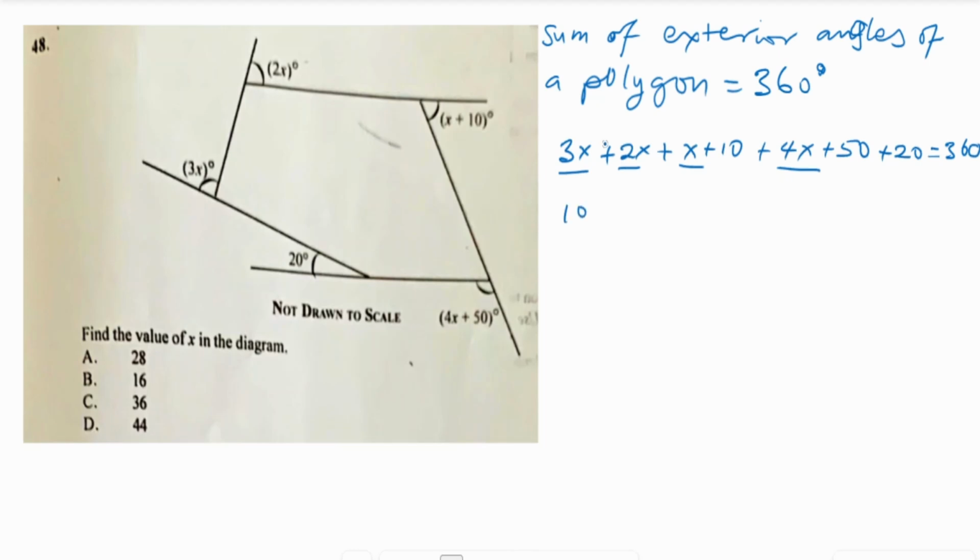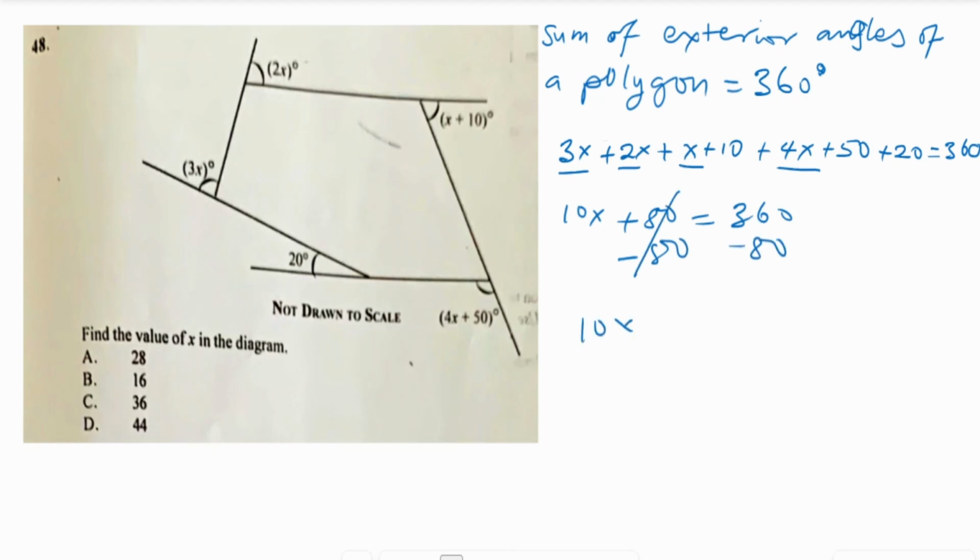So you have 10x, then 10 plus 50 is 60 plus 20 is 80 plus 80, and that should be equal to 360. Subtracting 80 from both sides, this goes away.